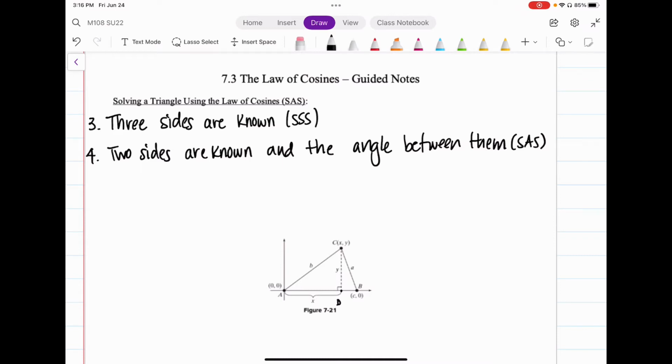The cosine of A is then equal to x over b. And the sine of A is equal to y over b.